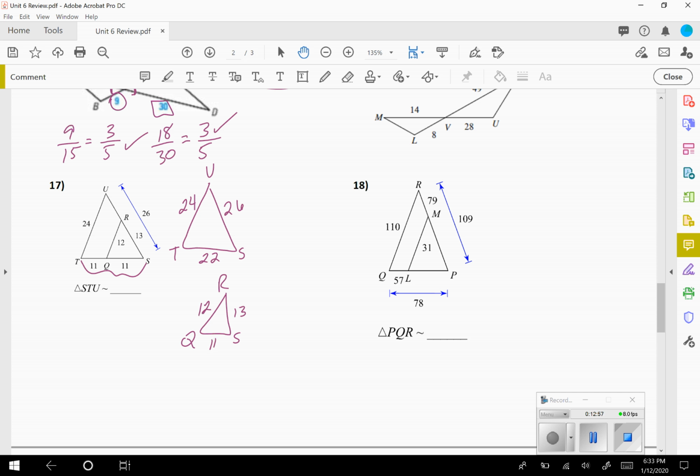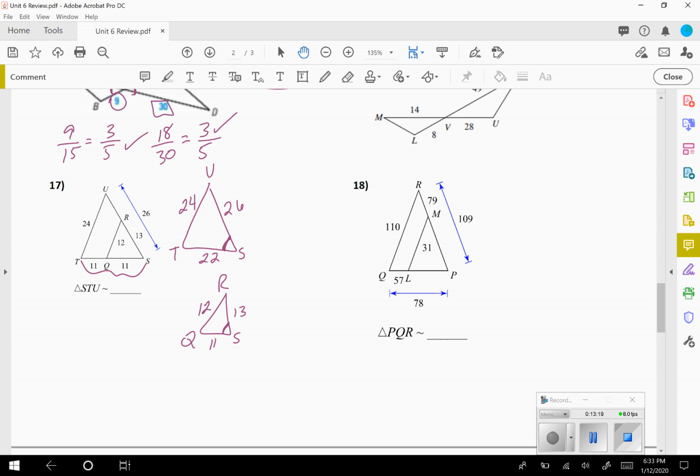Okay. Now, we do have these angles here. But we can also use side, side, side. But, again, you have to look and see what your choices are when it comes to the answers. Okay?